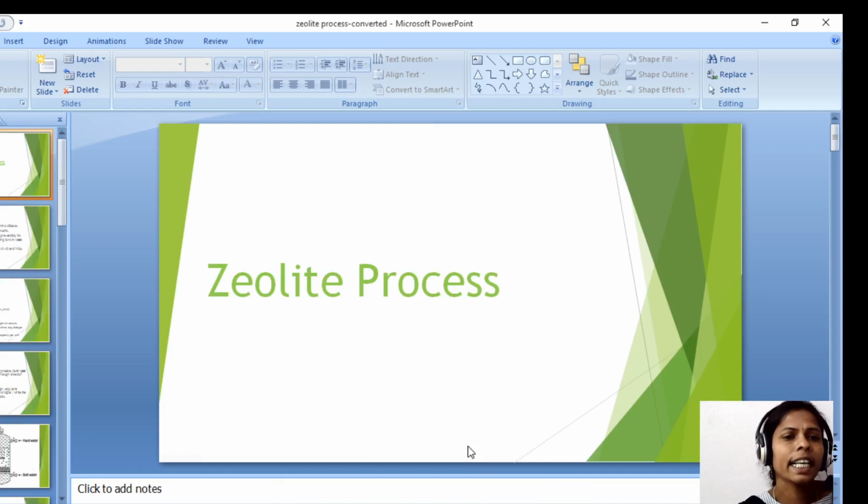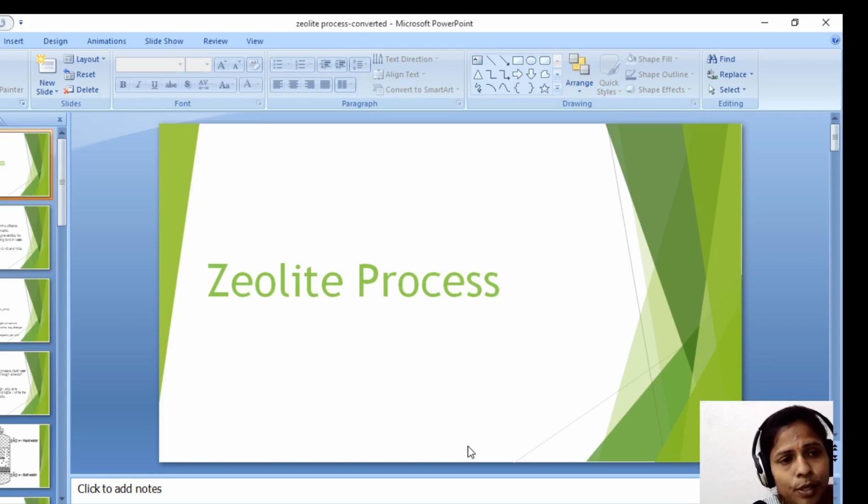So the next technique is the zeolite process. The zeolite process is similar to the ion exchange method. So what are we doing in the ion exchange method? In the ion exchange method, we are exchanging all hardness causing ions.